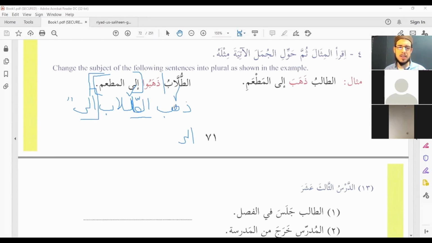We would probably use a subject pronoun to emphasize that, like dhahaba at-tullabu hum, or dhahaba hum at-tullabu ila al-mat'ami. But the fact that this is conjugated for the plural tells me that it's a jumla ismiya, in which at-tullabu is the mubtada, dhahabu ila al-mat'ami is the khabar, and the khabar is a jumla fi'liya.